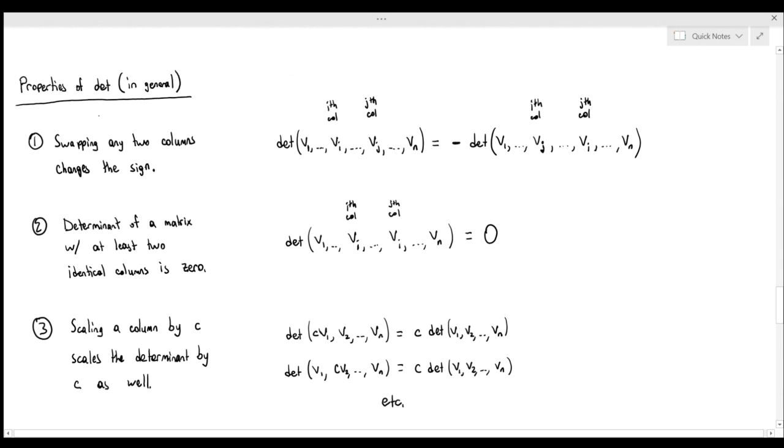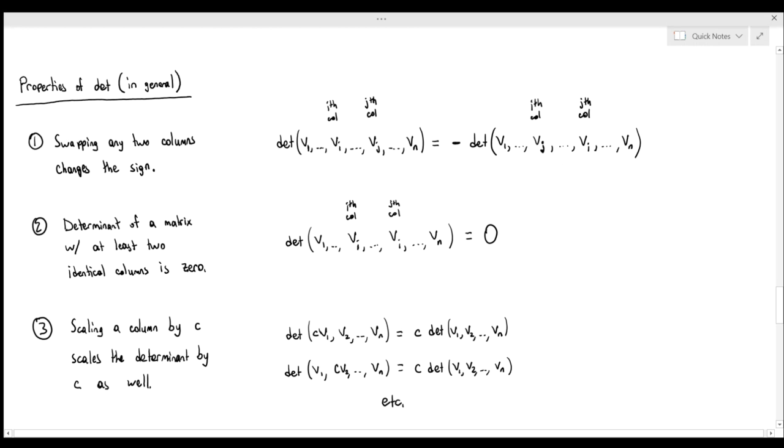The first property: swapping any 2 columns will change the sign of the determinant. That's analogous to what we talked about in the first property above. Interchanging u and v, we pick up a minus sign. So likewise, if we interchange the ith and the jth columns, then that's going to pick up a negative sign in front of the determinant.